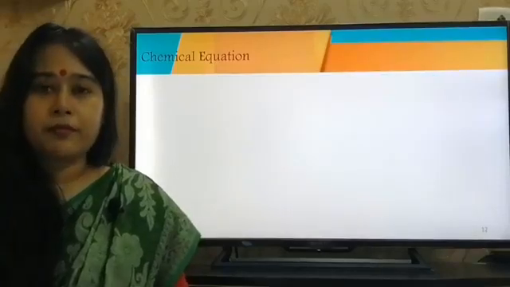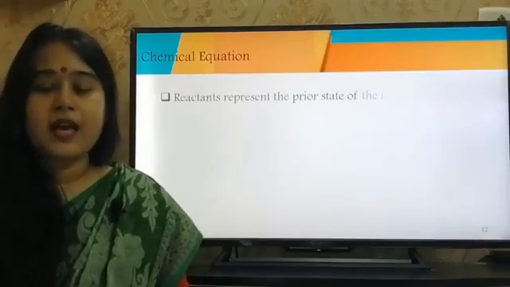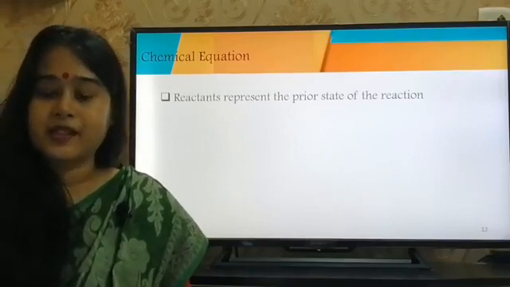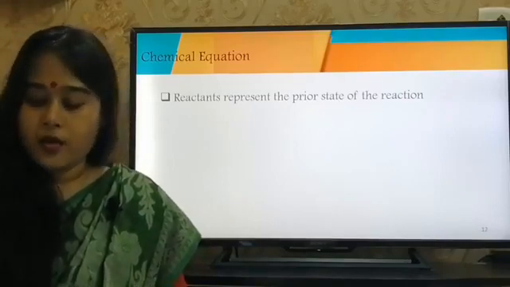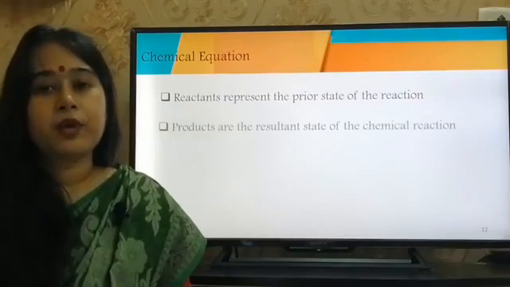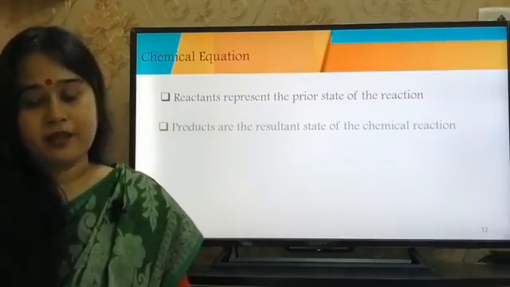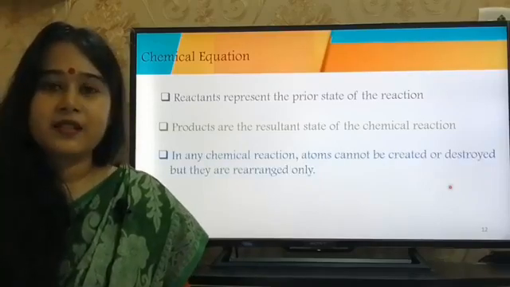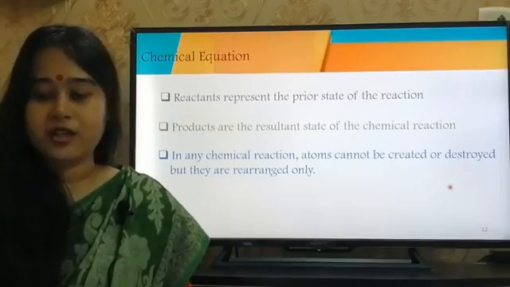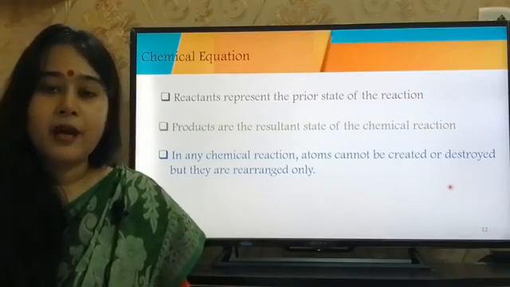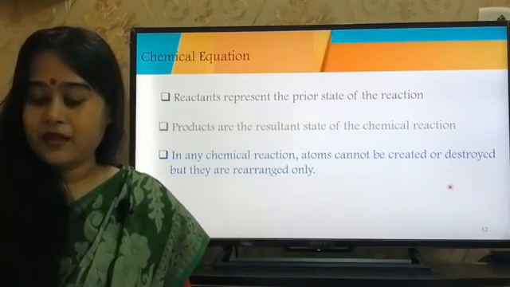So from the previous examples we have some points: reactants represent the prior state of the reaction and the products are the resultant state of the chemical reaction. Another point is, in any chemical reaction, atoms cannot be created or destroyed, but they are only rearranged.